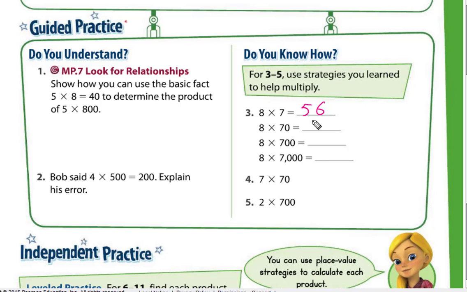Now use this 56 in the next question. 8 times 70. Yes. Drop the 0. And 8 times 7 is 56. So it's 560. Thank you, my hero.